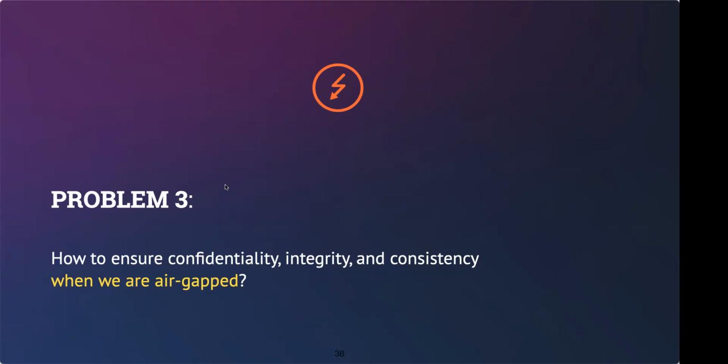Is air-gapped. So I have some computation in some, say, production floor, manufacturing floor, and I don't have internet connection, and I cannot do certain external checking. And so how can I protect confidentiality, integrity, and consistency when I'm completely air-gapped?